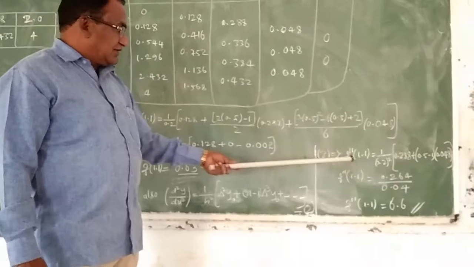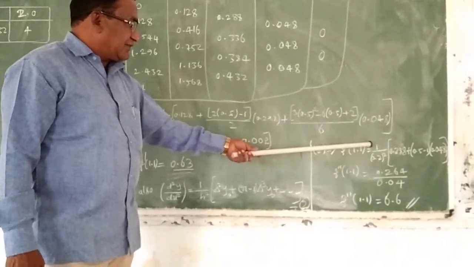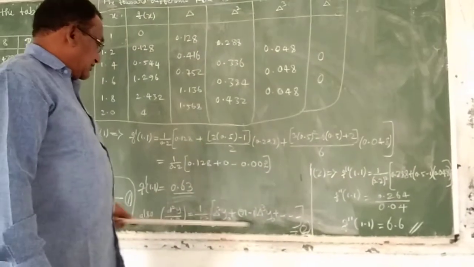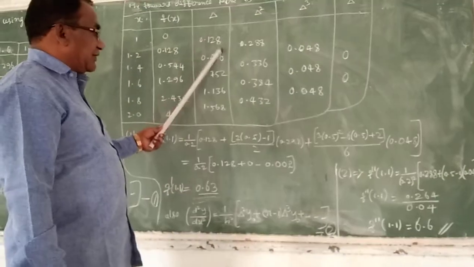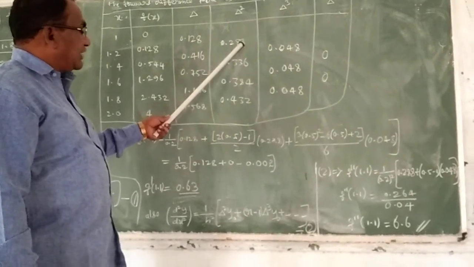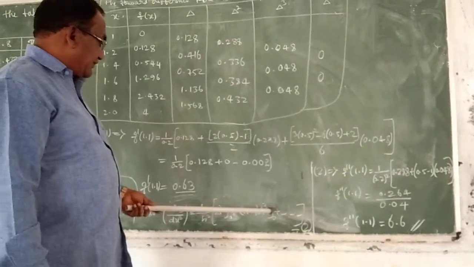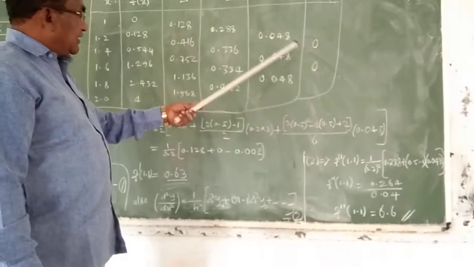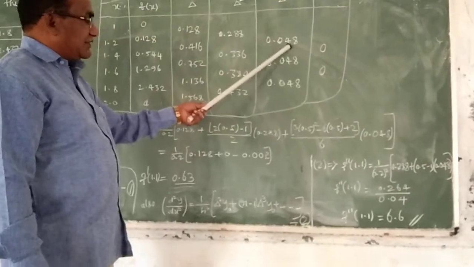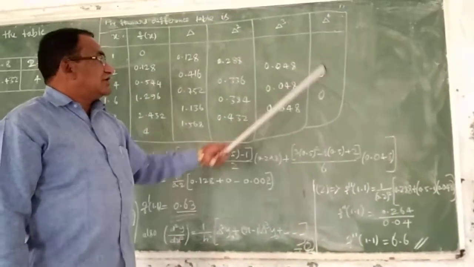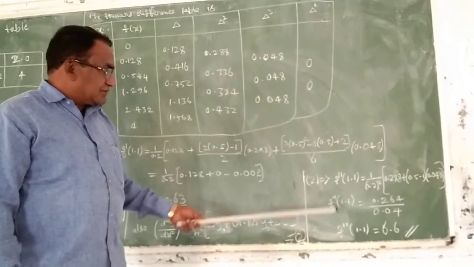This implies f double dash 1.1 is 1 over h squared, or 0.2 whole squared, into delta squared y naught 0.288 plus (r minus 1, 0.5 minus 1) into delta cube y naught, which is 0.048. Automatically the next term is 0 because delta to the power 4 is 0.